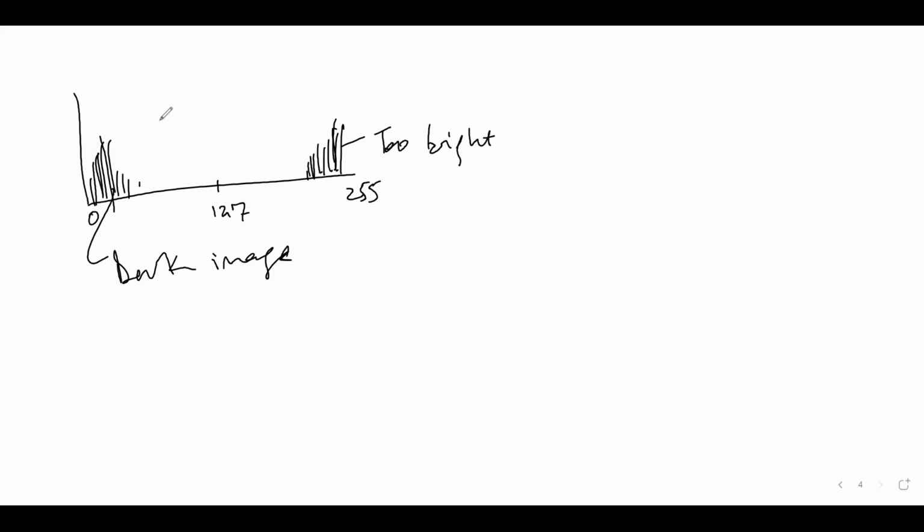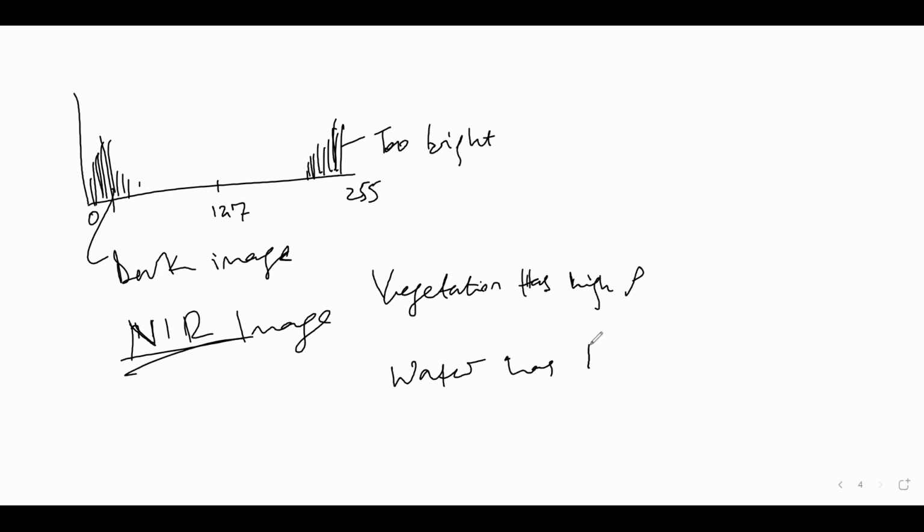So for example, let us imagine we have a near infrared image. The thing about a near infrared image is that vegetation has high reflectance, water has low, and soil has medium.